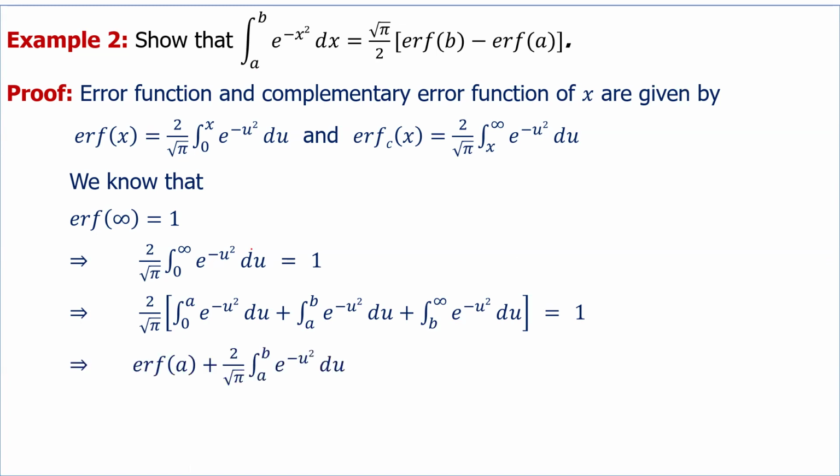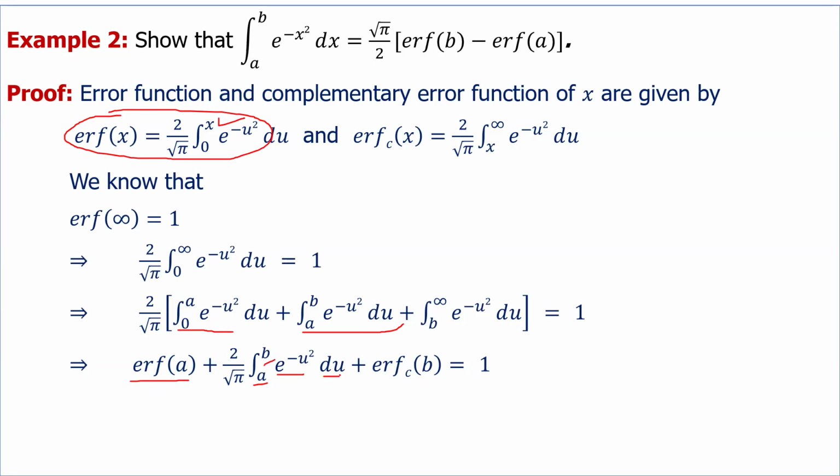Let us multiply. Now the first part, 2 upon root pi integration under the limit 0 to a of e to the power minus u square du, is nothing but error function of a. In place of x, over here it is only a. So we can write error function of a plus 2 upon root pi integration under the limit a to b of e to the power minus u square du.